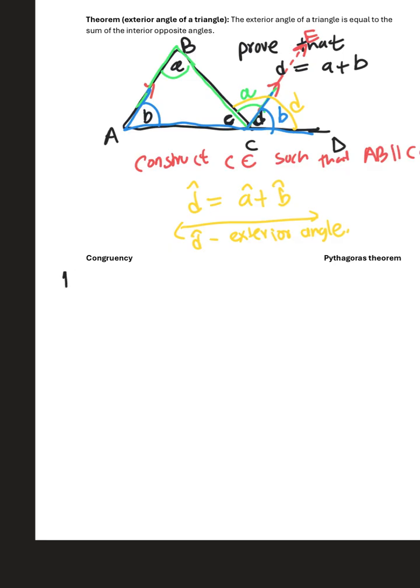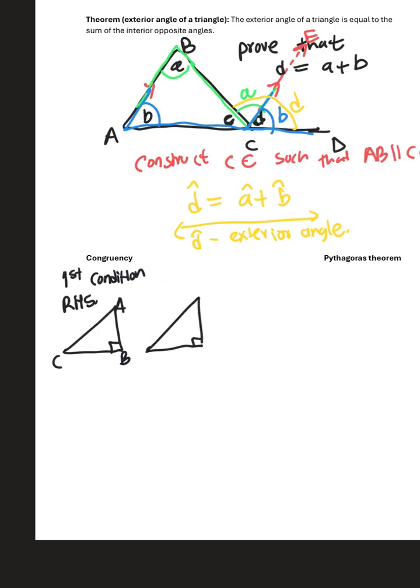The first condition is RHS. This happens when we have two right-angled triangles, triangle ABC and triangle DEF. They have the same hypotenuse, the same value of the other side, and a 90 degree angle.